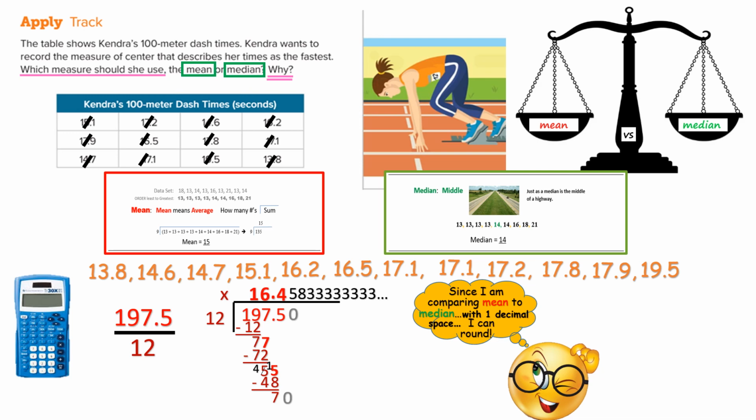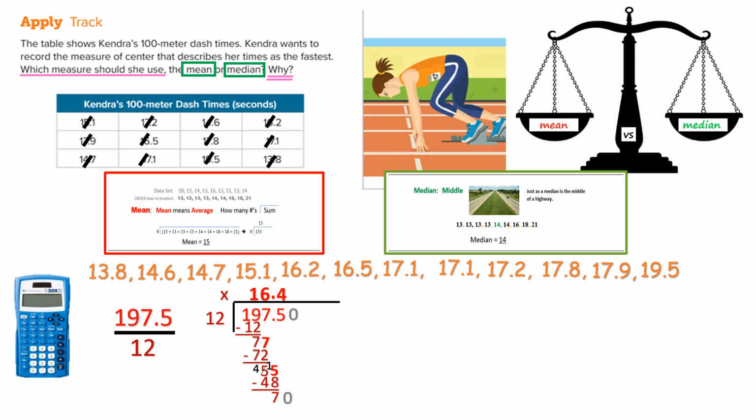That's what we want to do, because if not, you end up with something like this on your calculator, showing a repeating 3, and that gets kind of confusing when we're trying to compare the two. So we're just going to continue to divide out 1 more decimal space, which I find is 5, because that is 60. Then I can round it, because once again, I only need 1 decimal position, which is what all of the medians have.